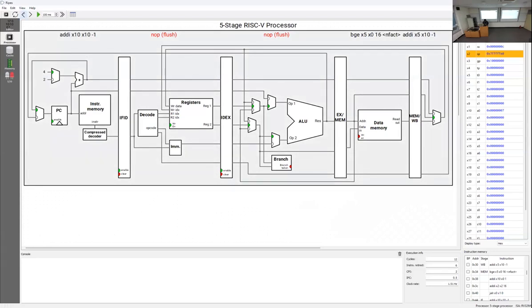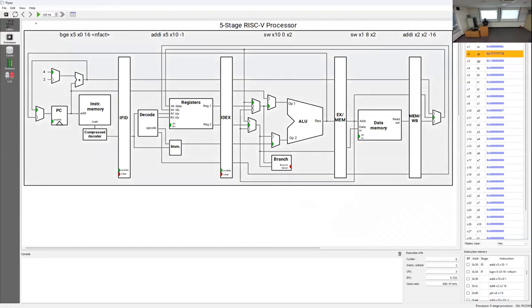So actually the architecture is a little bit different, so you need to consider the different architecture here. As you can see, the branch instruction is in the instruction fetch stage, right? And you can find that other instructions occupy pipeline stages.